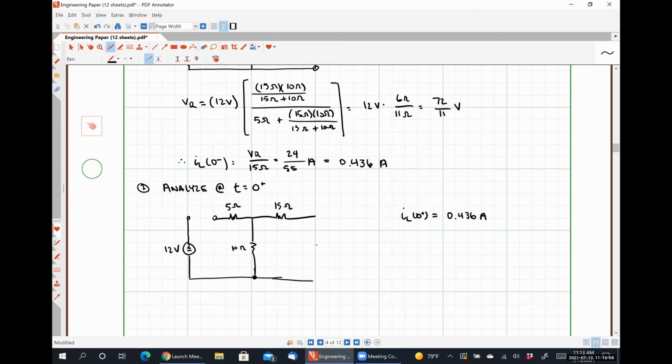I'm going to replace my inductor with a current source that carries 0.436 amps. And now I need to figure out what this voltage VL at 0 plus is.